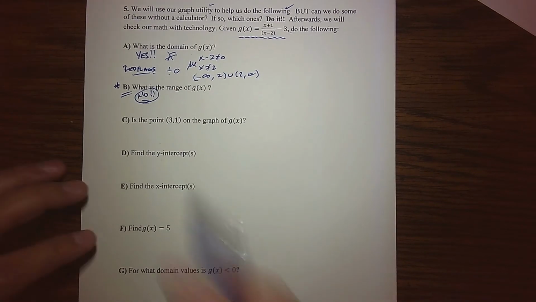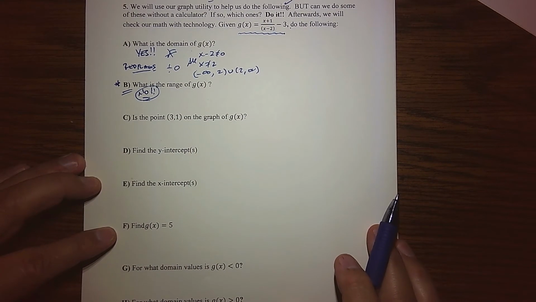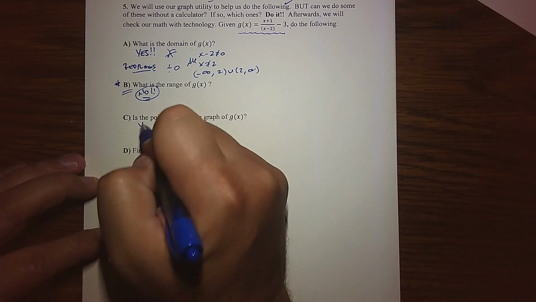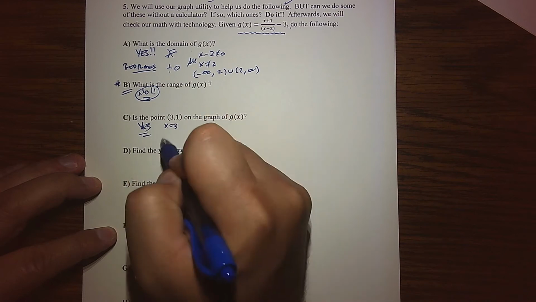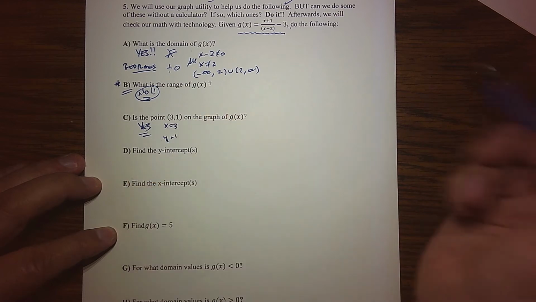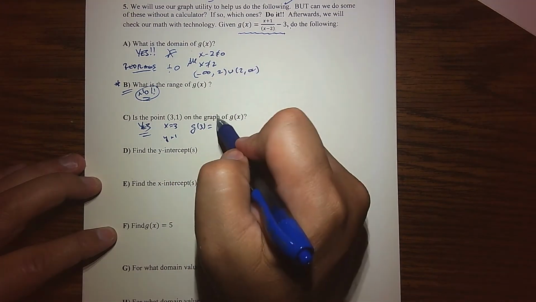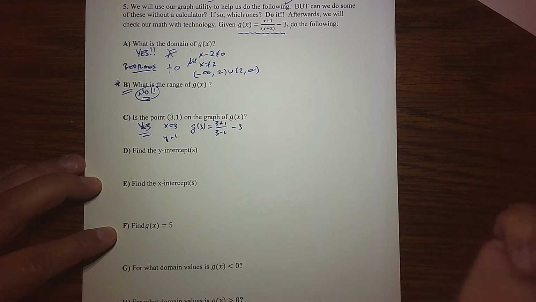Can I show that the point (3, 1) is on the graph of g of x? Is that something we can do without the graphing calculator? I hope you guys are saying yes. All I'm basically saying is x is 3, and I want to know if y is 1. So I just go to the function g of 3. If I plug things in, I get 3 plus 1 over 3 minus 2, minus 3.